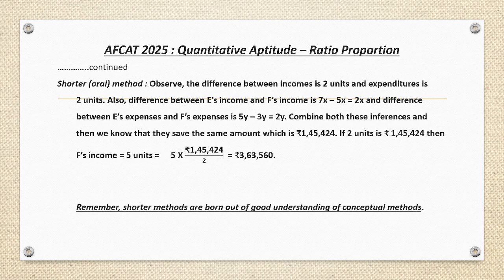So everywhere it is 2. Combining these inferences, the saving 1,45,424 is 2 parts. If you divide this, you will get 72,712, and multiply it with 5, you will get F's income.